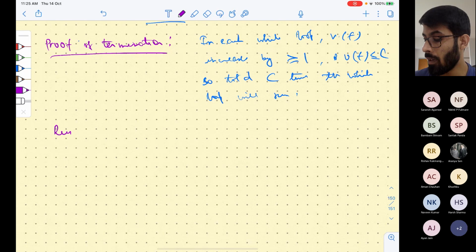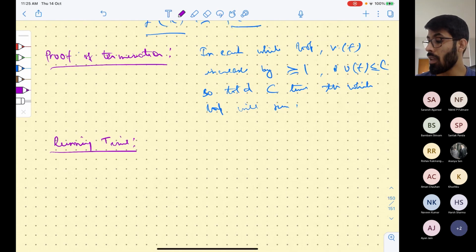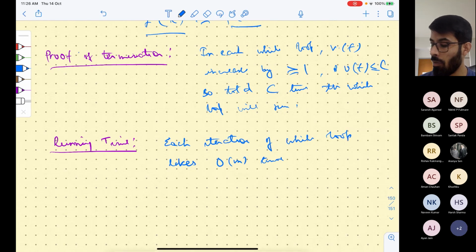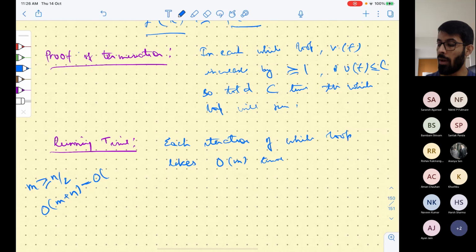Now the running time. We want to say that each iteration of the while loop takes order m time. By order m, we mean that since m is greater than or equal to n over 2, because every vertex has an edge incident on it, order m plus n is actually order m.